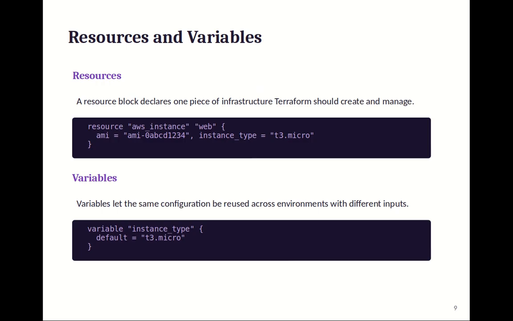Resources and variables. Resources: a resource block declares one piece of infrastructure Terraform should create and manage. Variables: variables let the same configuration be reused across environments with different inputs.